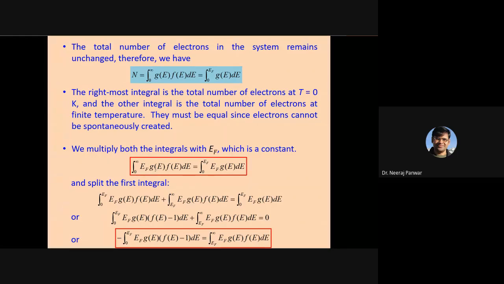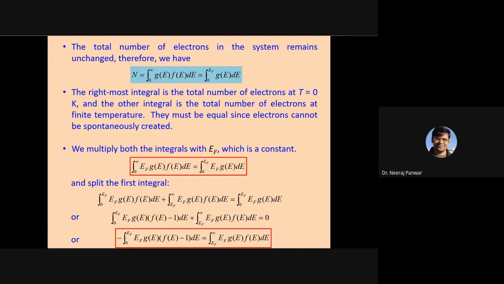So after breaking, we write integral 0 to EF EF g(E) f(E) dE plus integral EF to infinity EF g(E) f(E) dE, and that is equal to integral 0 to EF EF g(E) dE.